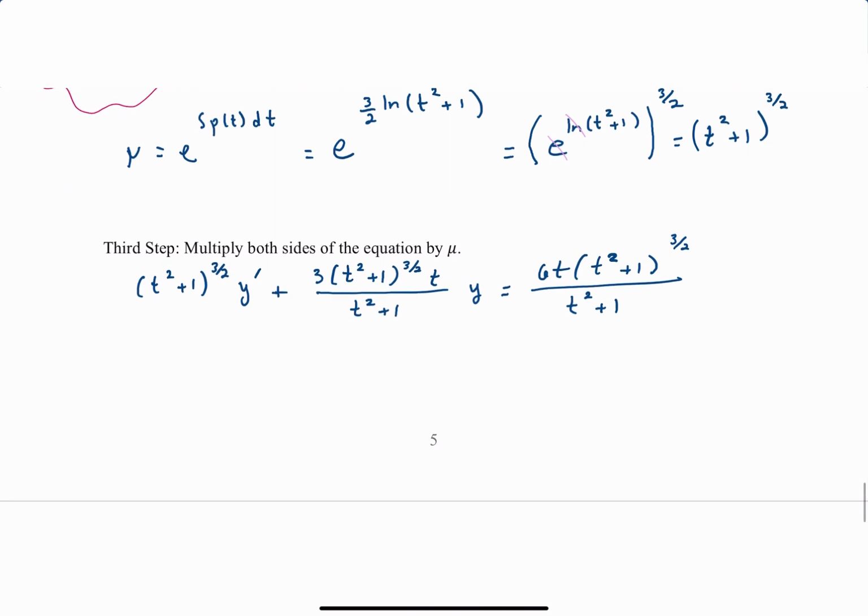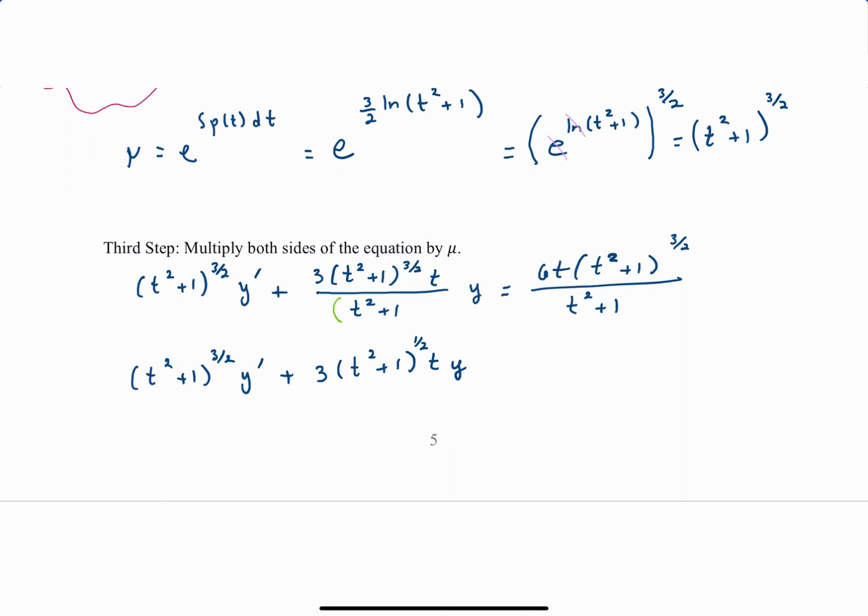Let's simplify. That'll give me (t squared plus 1) to the 3/2 power y prime plus 3 (t squared plus 1) to the 1/2 power times t times y. Do you see why that is?